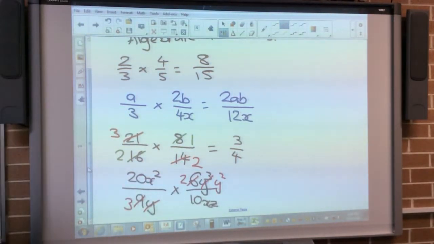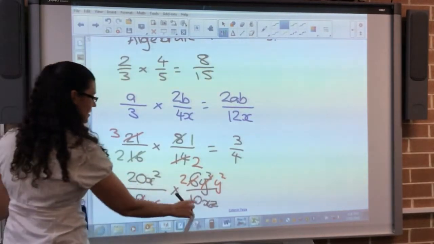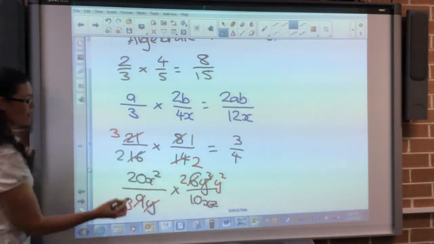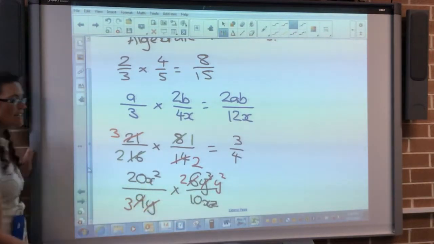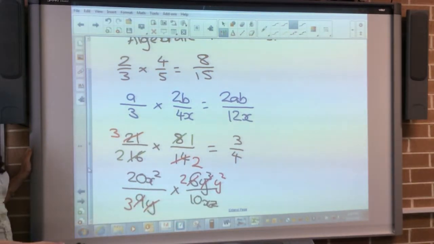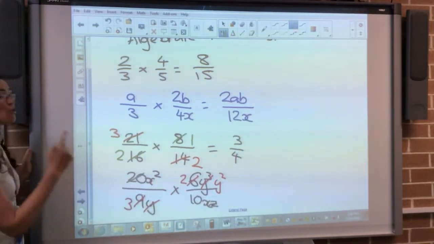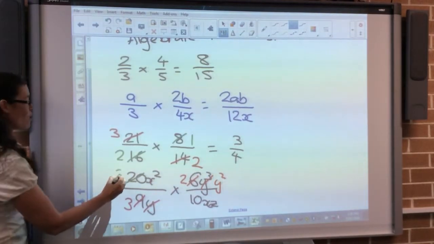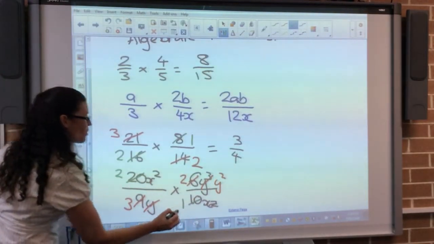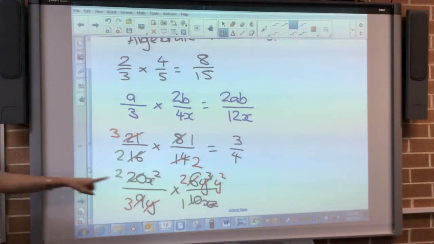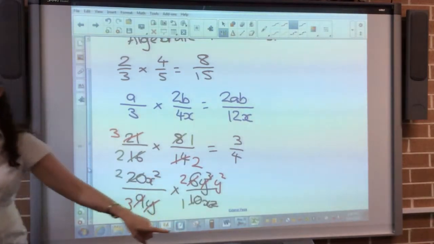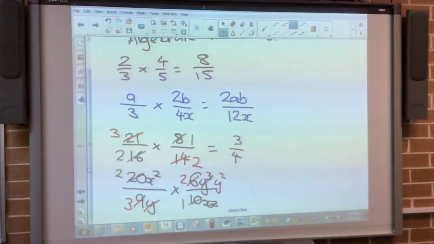Anything else? Yep. We can do the 10x. So we're going to go this way as well. 20 and 10, that would just be 2 on 1 actually. So 2's on the top, 1's on the bottom. What about the x's? So this is an x squared, this is an xz. What are they going to end up being?